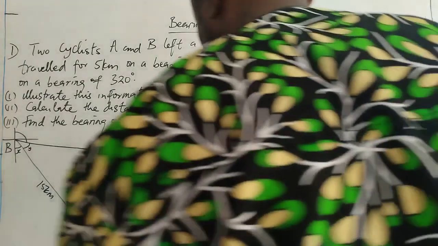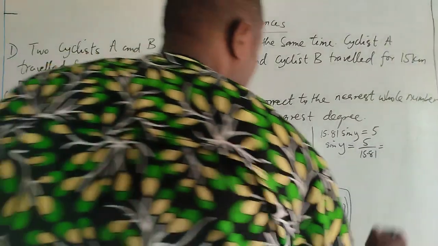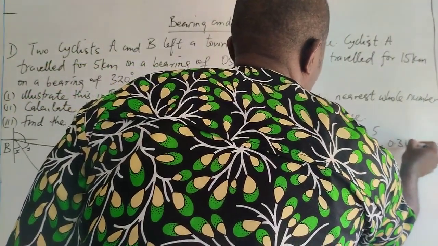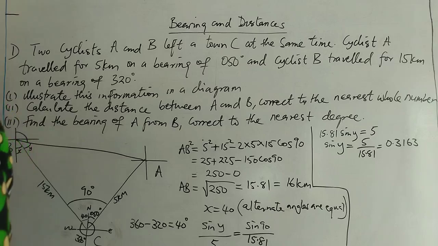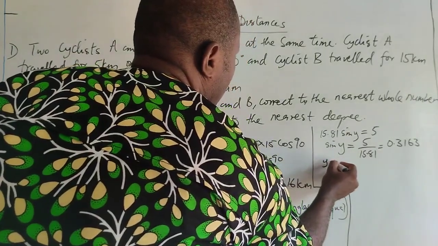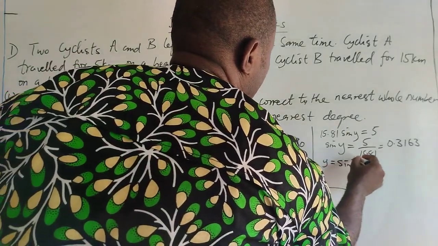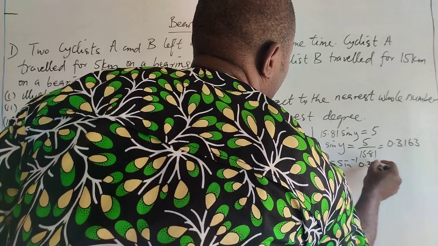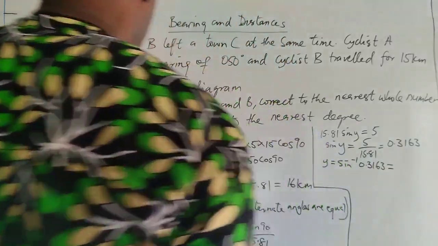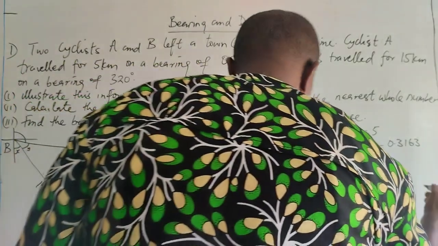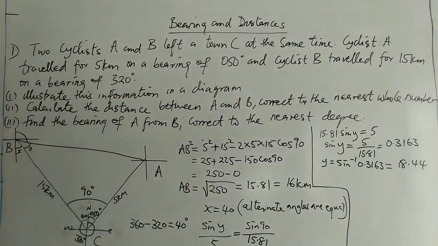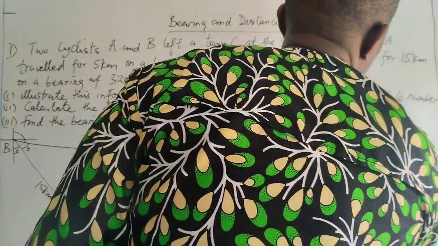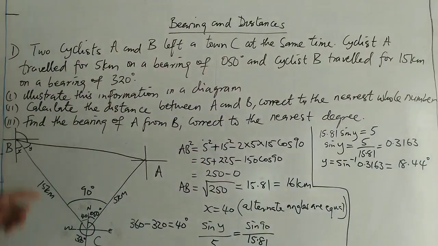And when you divide that, you will get 0.3163. y will now be equal to sine inverse, or arc sine, of 0.3163. That will give you 18.44 to 2 decimal places. Of course, degrees. So that is our y.